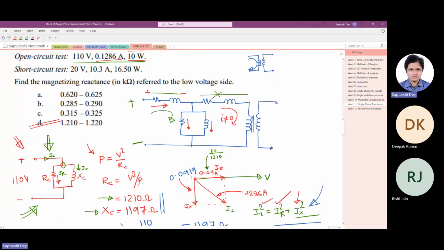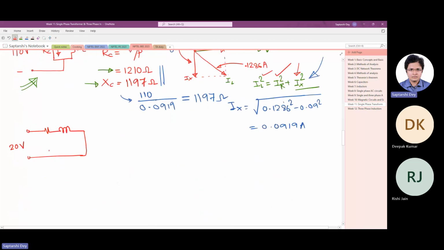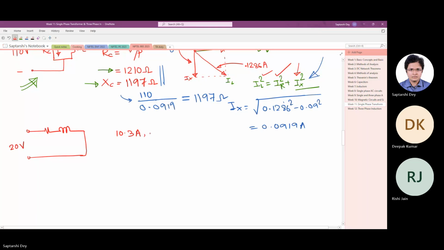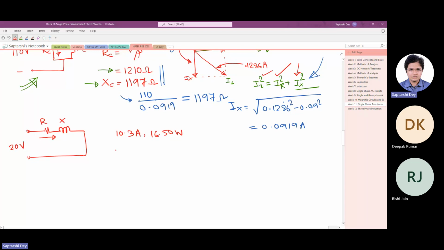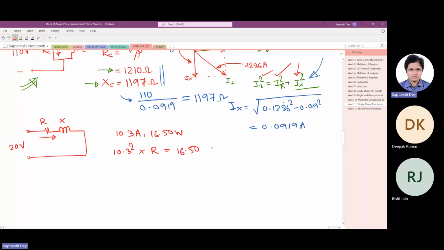Now it is saying 20 volt, when we apply we get 10.3 ampere, 16.50 watt. Now this R and X are here. Definitely this R is causing this much power loss. So 10.3 squared times R is 16.50.